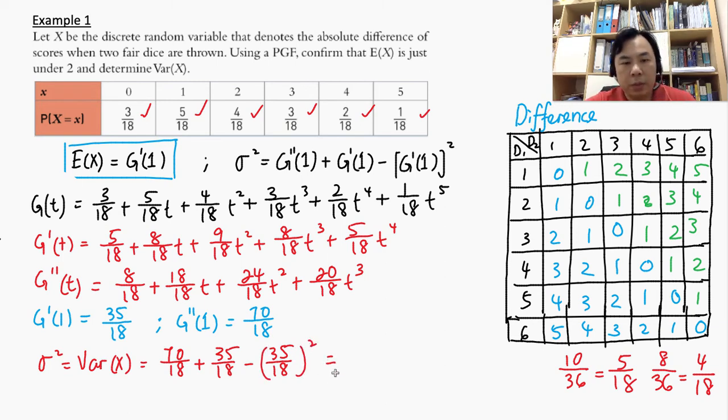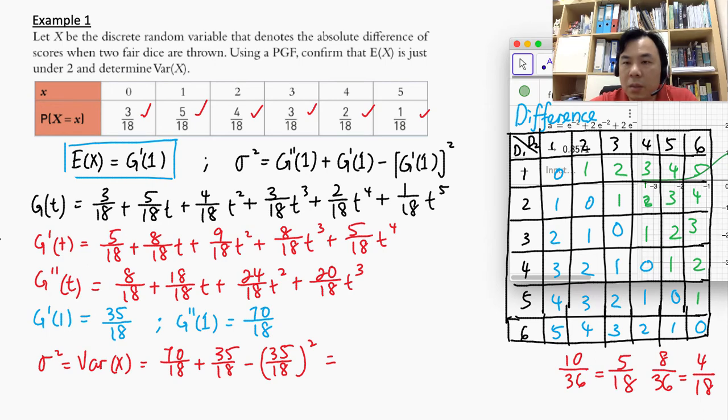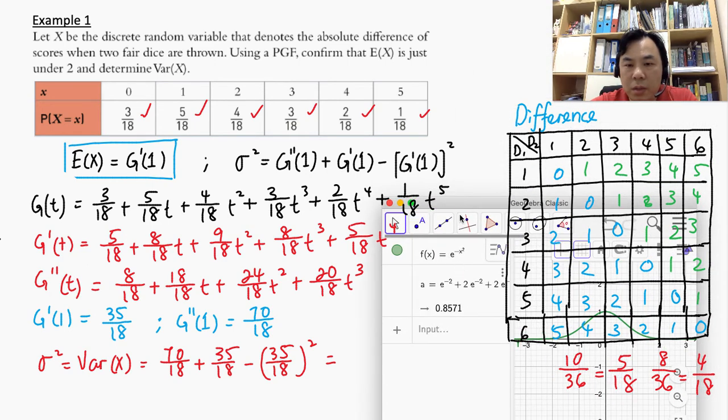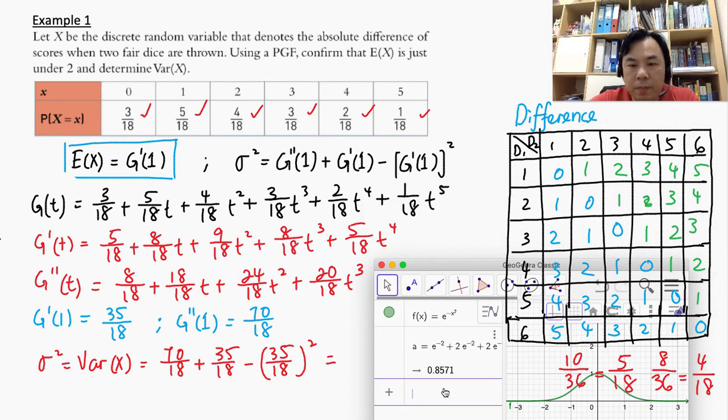All right. So from here, I will need to use my calculator now. Let's see what we have here. Okay, so we have 70 over 18 plus 30 over 18, and then minus 35 over 18. Is it 35 over 18? Yep. So squared there. Is that squared? Yep. And then there you have it.